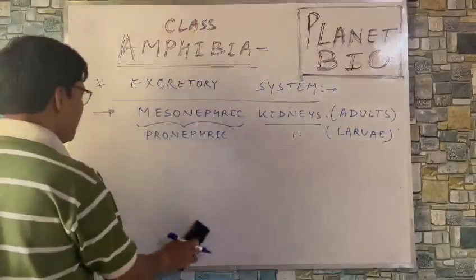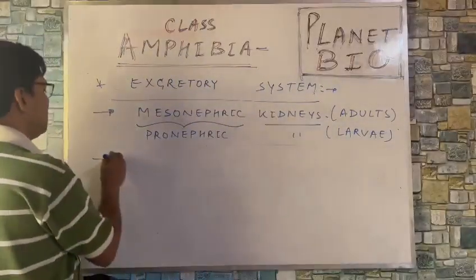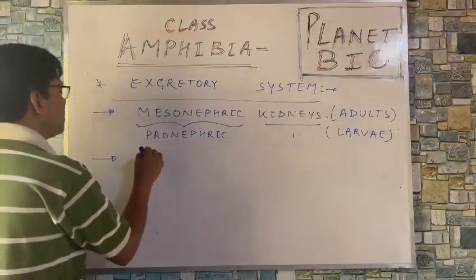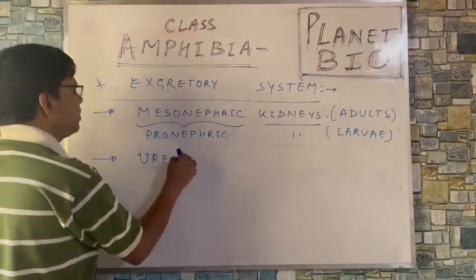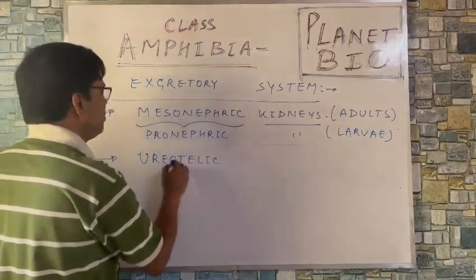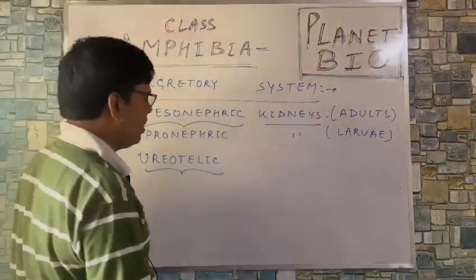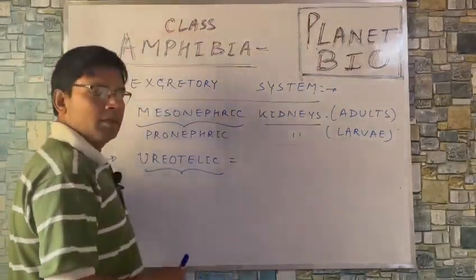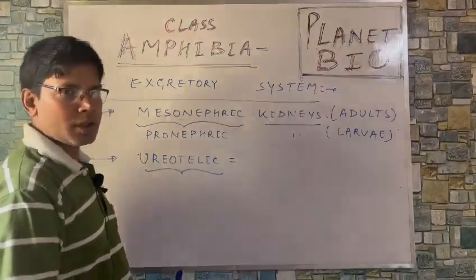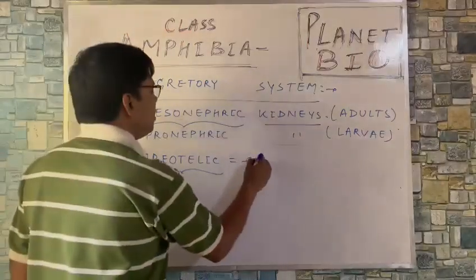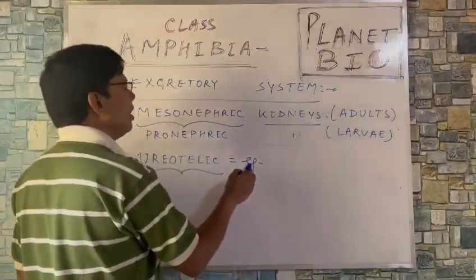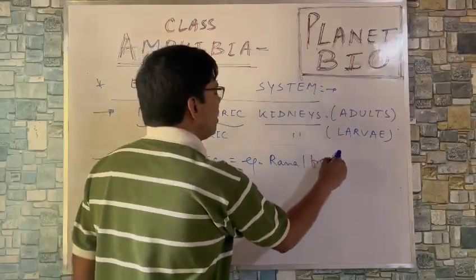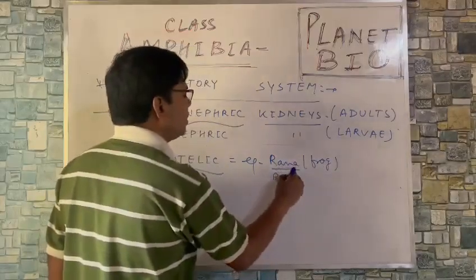But so far as the nature of excretion is concerned, some are ureotelic, meaning urea excreting, NH2CONH2, which is 1 lakh times less toxic than ammonia. For example, ureotelic amphibians like Rana, that is frog, and Bufo, that is toad.